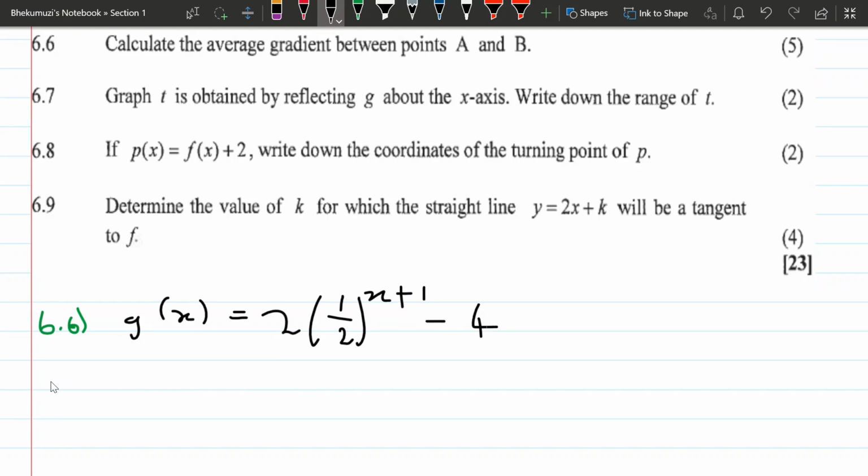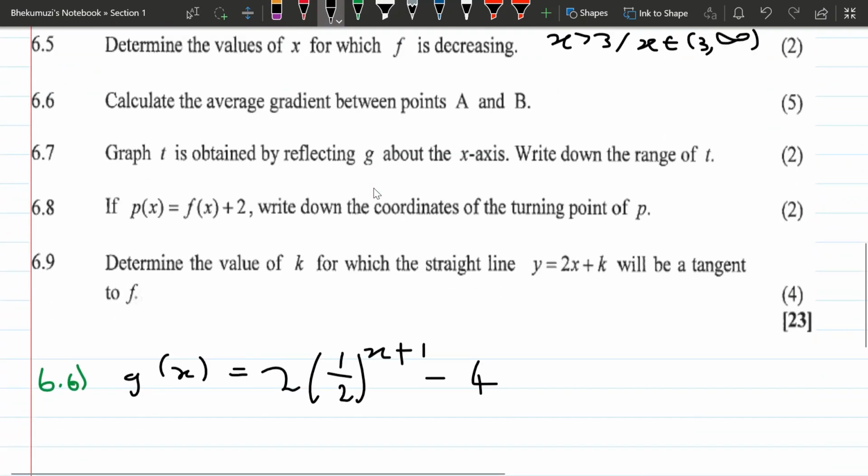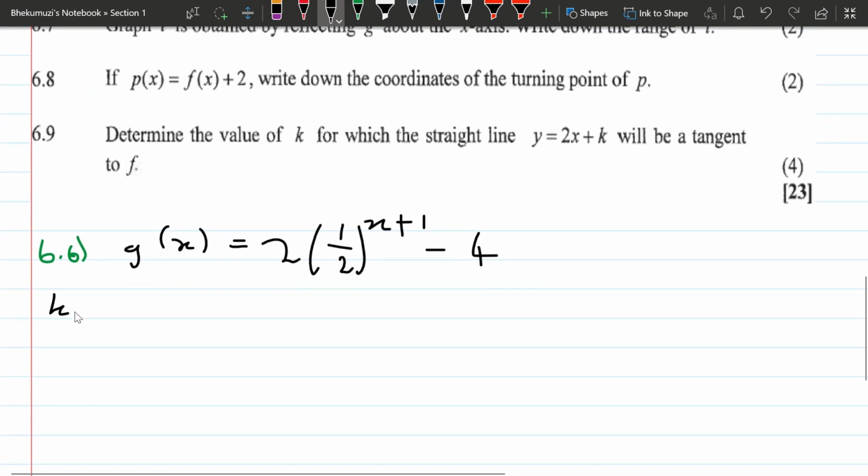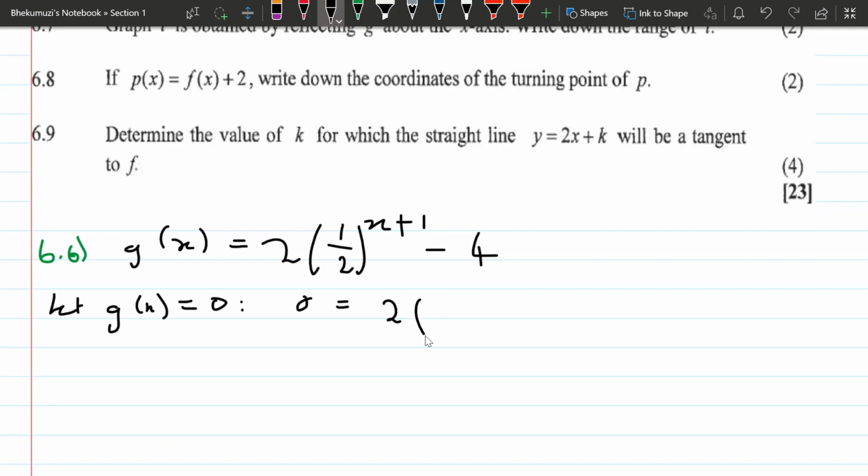Because at point A it's the x-intercept, we let g of x be equal to 0, such that 0 is equal to 2 times 1 over 2 to the power x plus 1, minus 4.